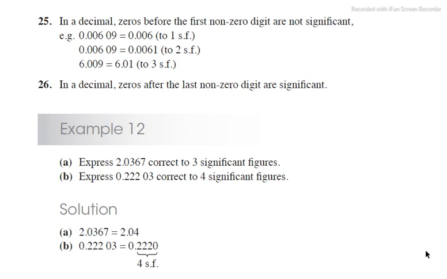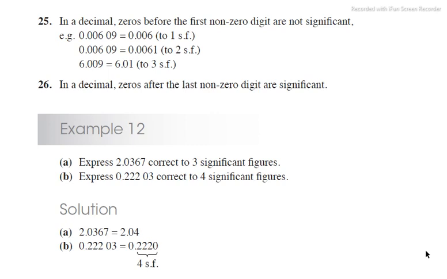Let's take examples. We are supposed to express 2.0367 to 3 significant figures. So they are calling us to round off to the nearest hundredths, whereby the 6 rounds off to change the 3 to 4.